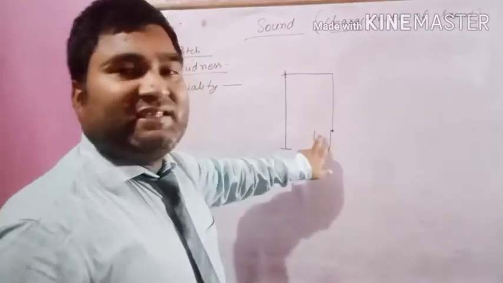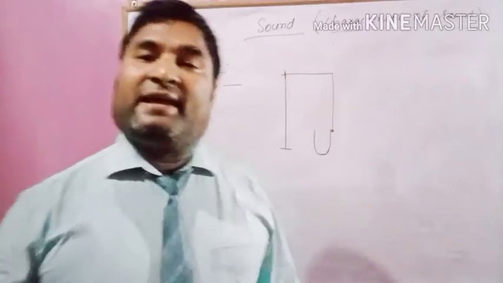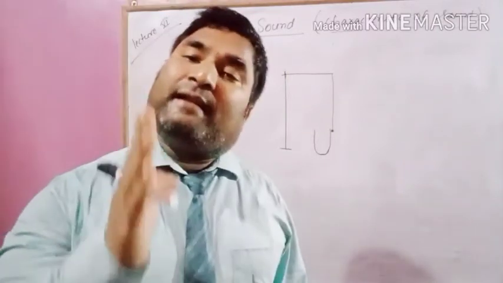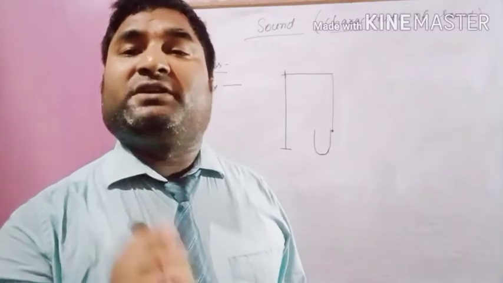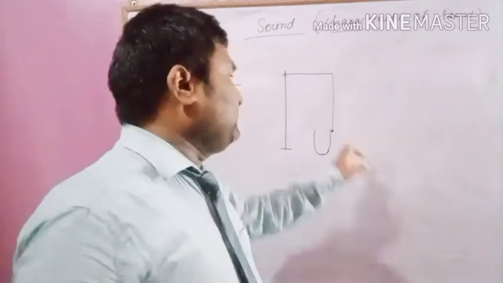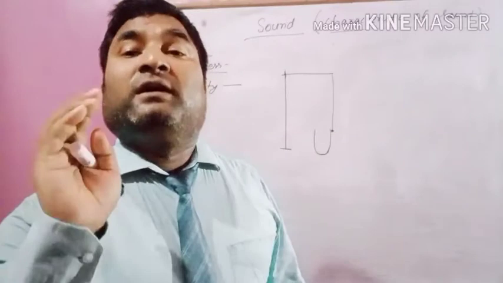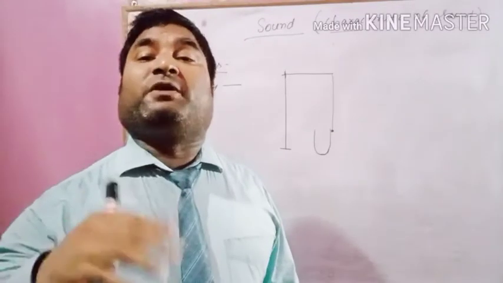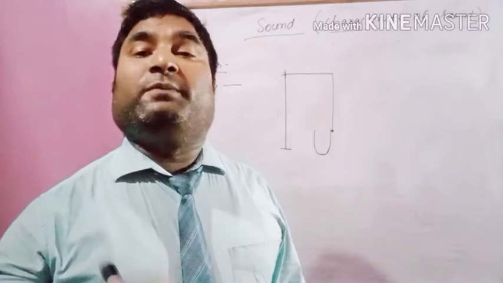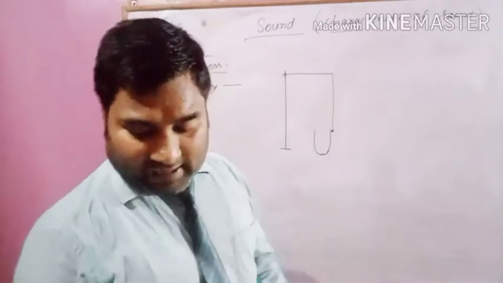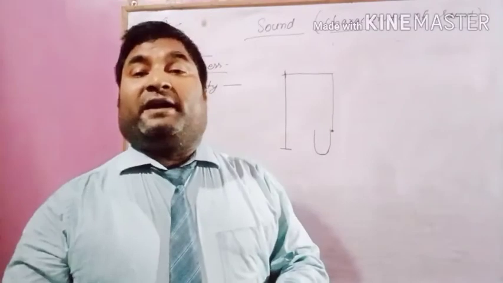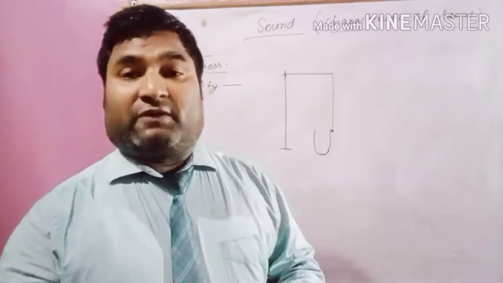With this activity we can say, if the amplitude is small, there will be a softer sound, and if the amplitude is more, then it will be a louder sound. So with this activity we came to know that loudness depends upon the amplitude of the vibrating body.